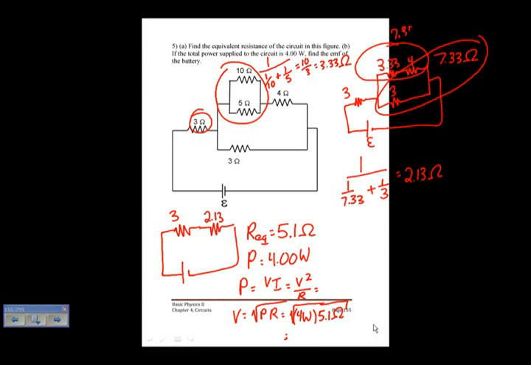I get 4.5 volts. Alright, so the equivalent resistance is 5.1 and the voltage of the battery is 4.5 volts.